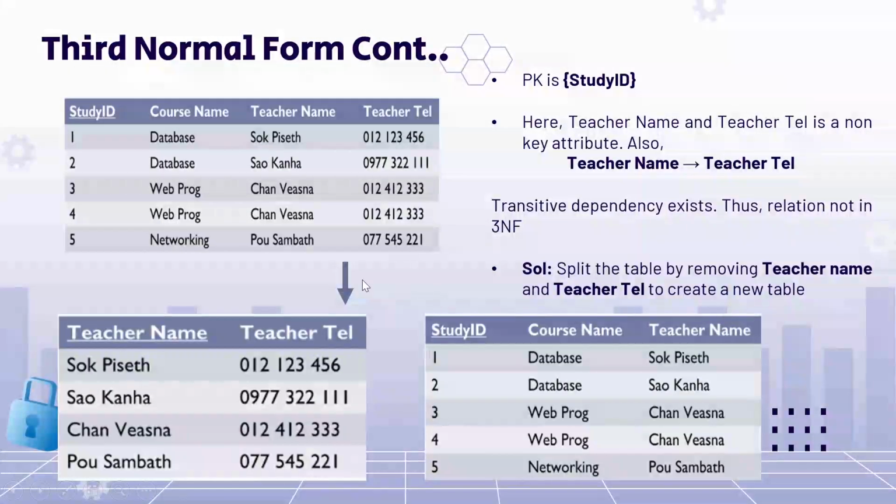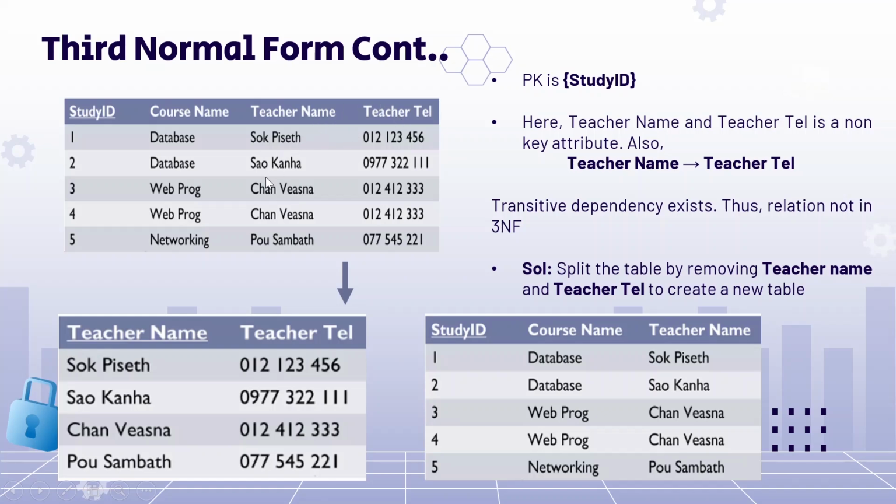We will see an example here. In this table, study ID is the primary key. So of course, the primary key can determine any attribute in the table. So study ID determines course name, teacher name, as well as teacher telephone number. But another functional dependency that exists here is that teacher name also determines teacher telephone number.